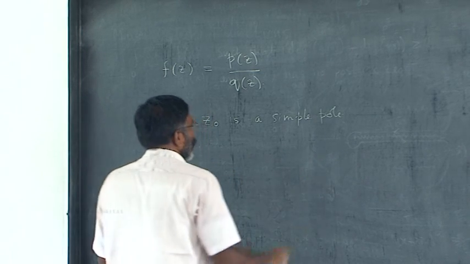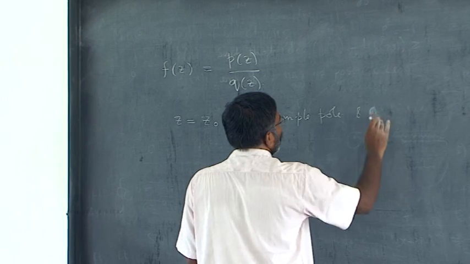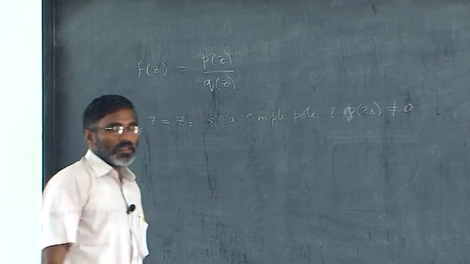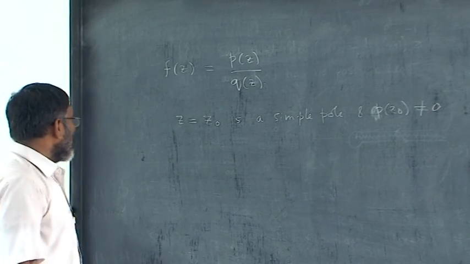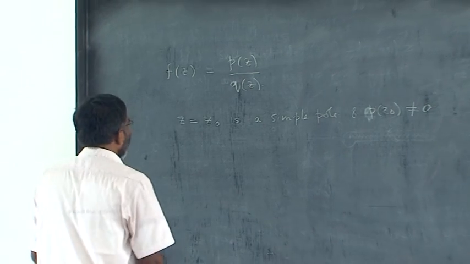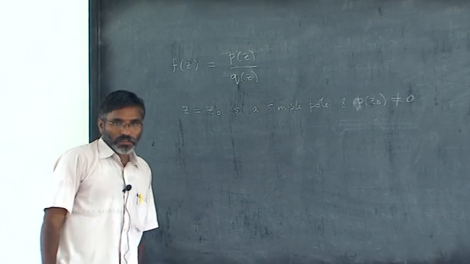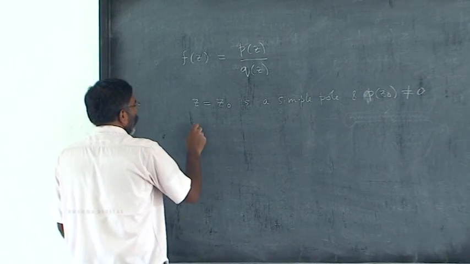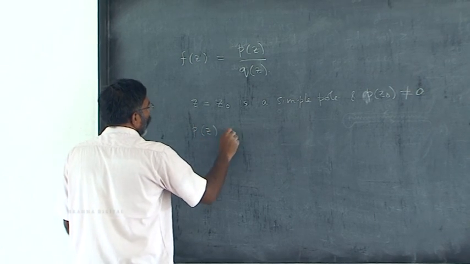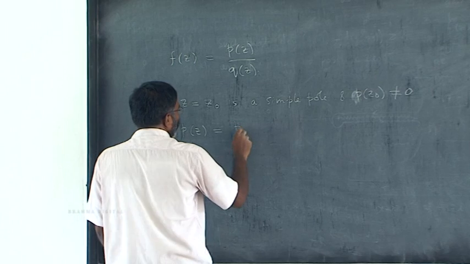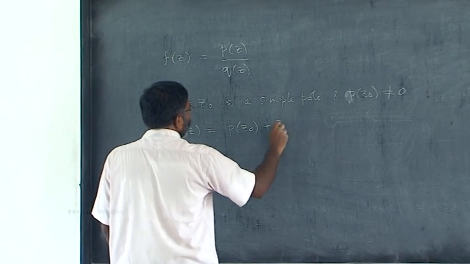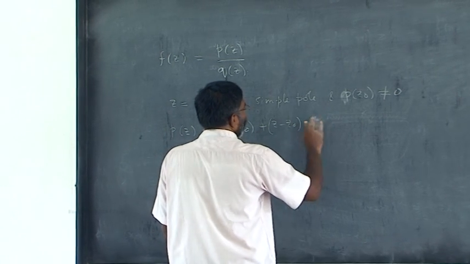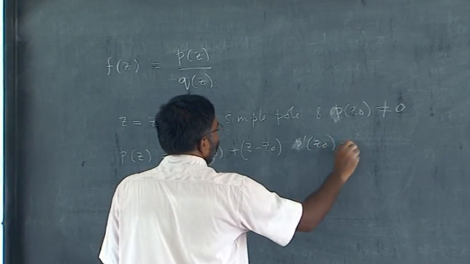And p of z naught is not 0. If p of z naught is not 0 and f of z has z equal to z naught as a simple pole, that means q of z naught is 0, but p of z naught is not 0. In which case, we can write p of z by expanding as p of z naught plus z minus z naught into p prime of z naught, and so on.